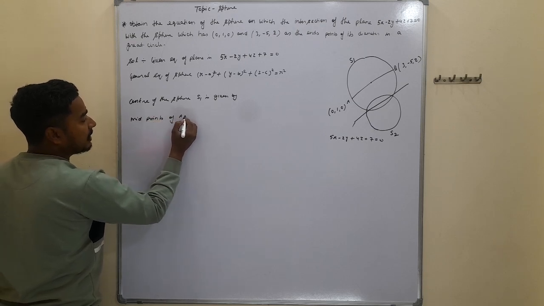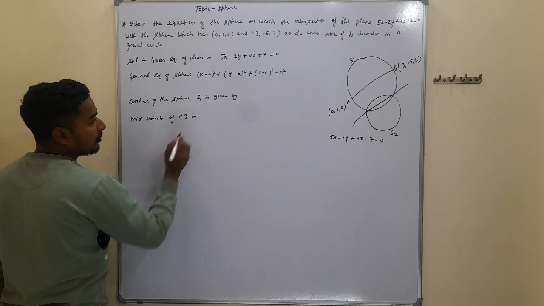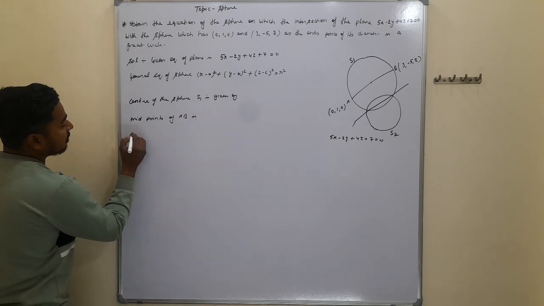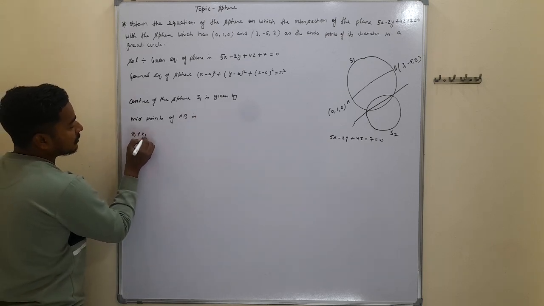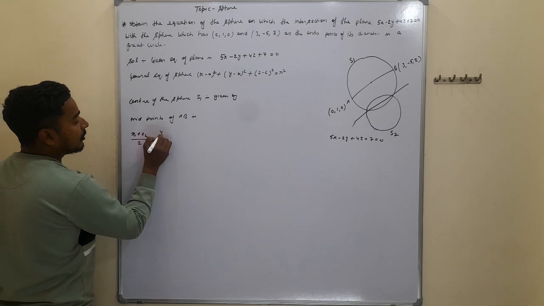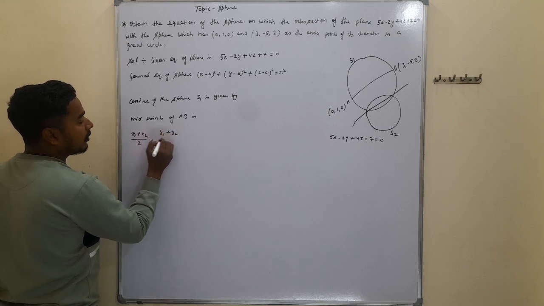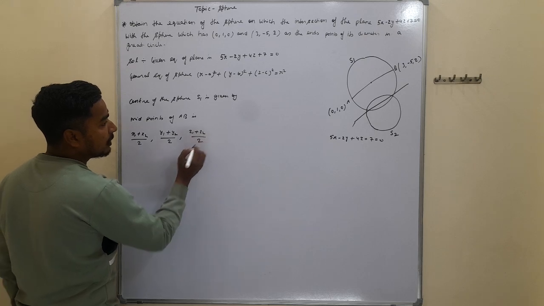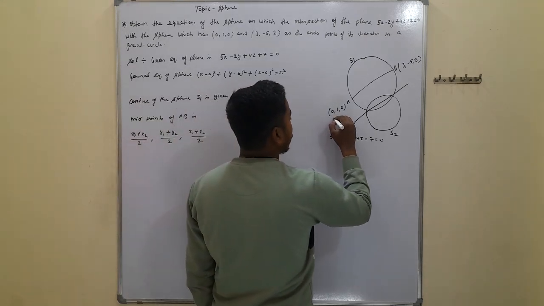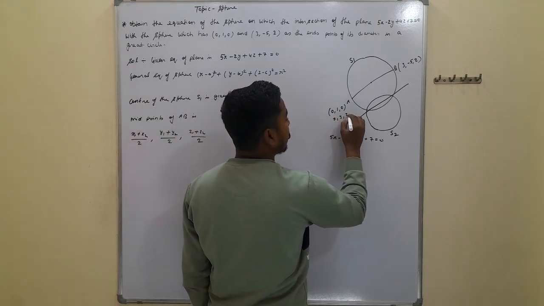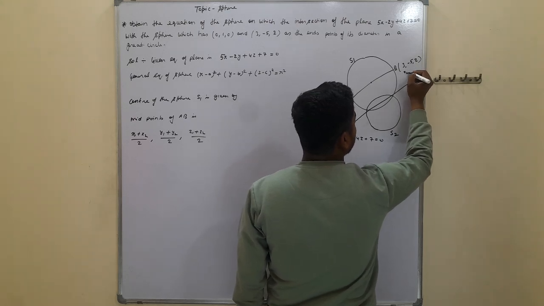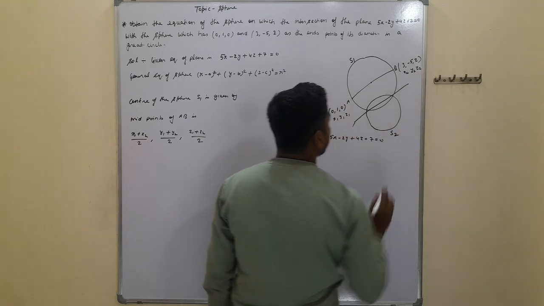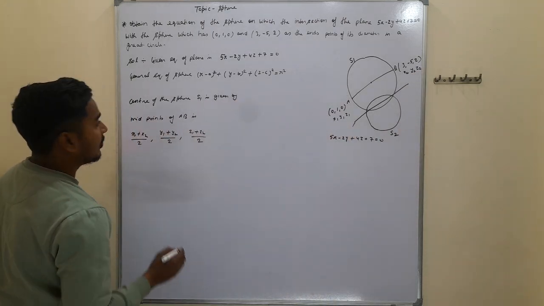We know that this is the formula used: (x1 plus x2) upon 2, (y1 plus y2) upon 2 and (z1 plus z2) upon 2. Here this is x1, y1, z1 and this is x2, y2, z2. So we write here and we get the center.